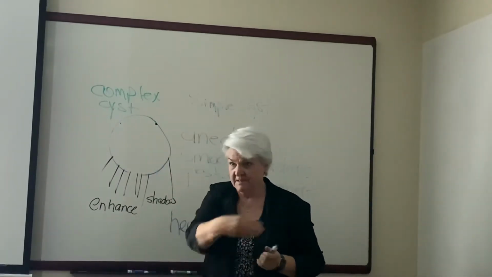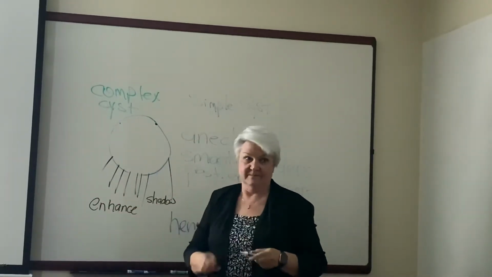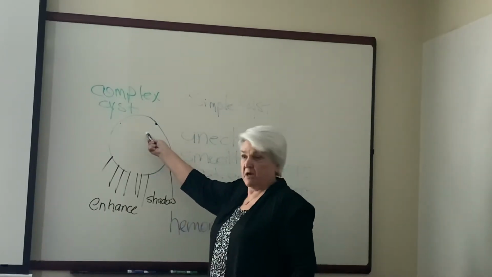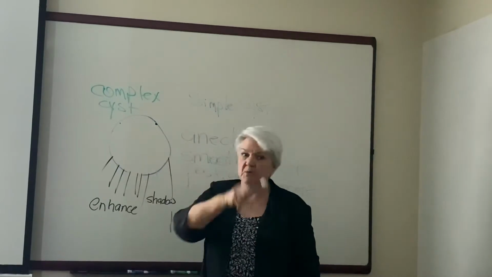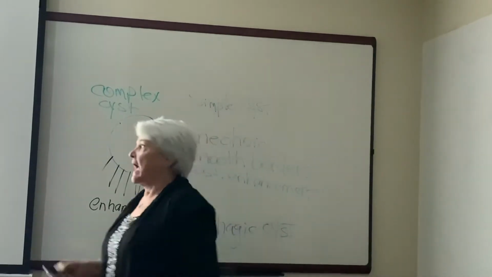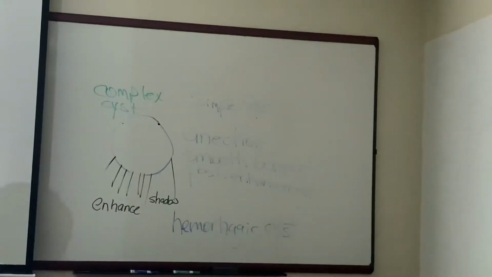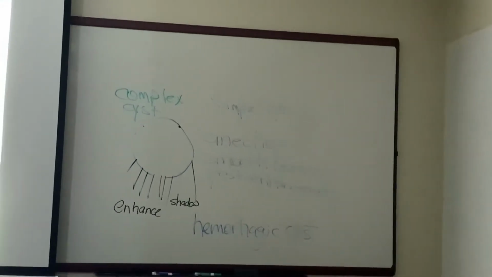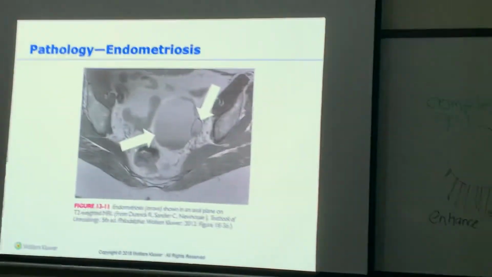Up, down, sideways, sideways. Okay? Because when I see this little ditzel, this echogenic foci, I know it's a chocolate cyst. Okay? And I can make the determination that that is endometriosis. Okay?